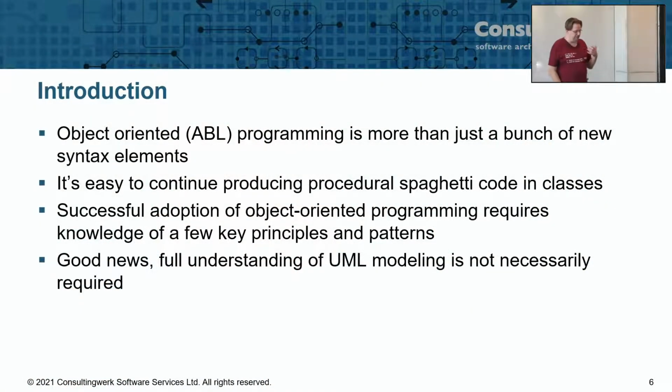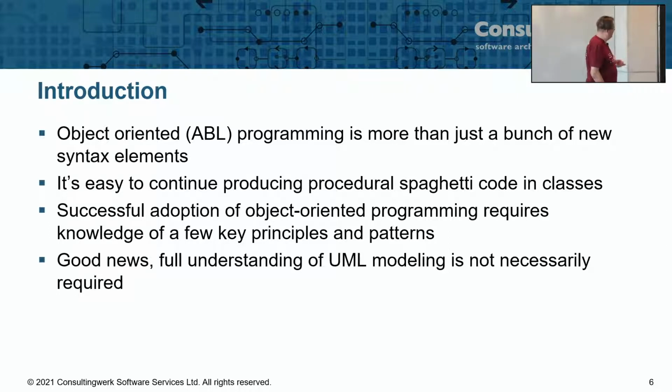So I said, in order to understand object orientation, you need to do more than just learning the Progress documentation. In the Progress documentation, you quickly find out how to write a class, how to write methods and properties, maybe also how to do inheritance, but not necessarily what to use it for, or best practices around that.